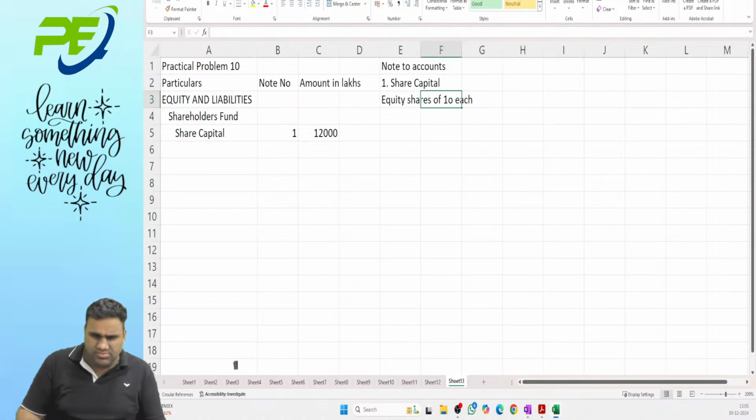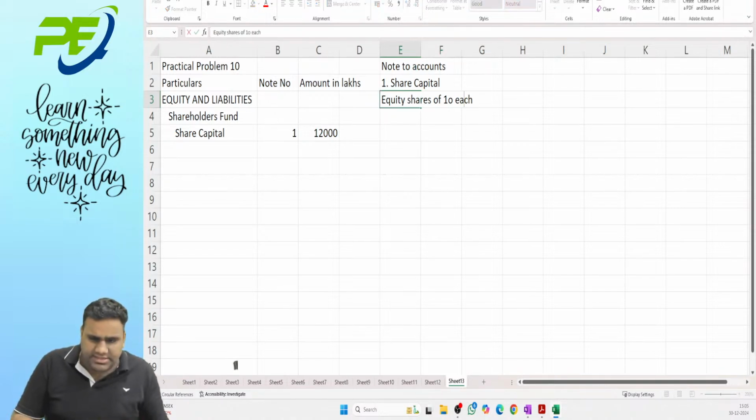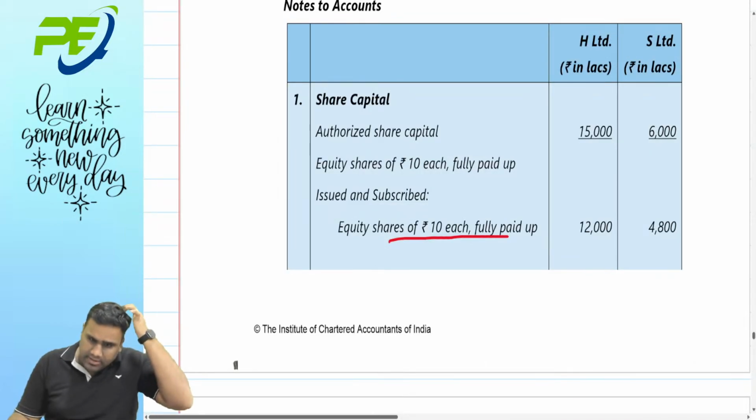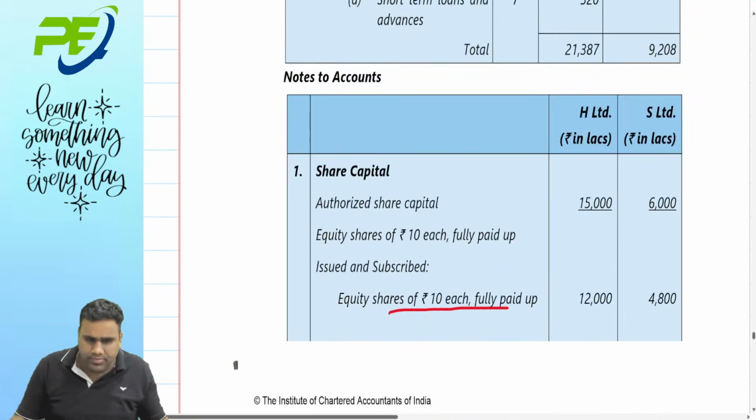How much? We'll write the numbers in lakhs. 12,000.